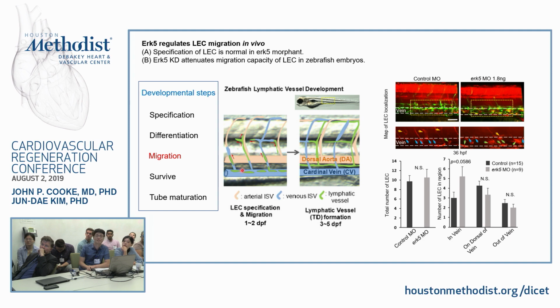So we think ERK5 can affect one of these processes in vivo. We took images of these regions in these transgenic fish and made a map of LEC localizations at this developmental stage. This stage is for LEC specification and starting to migrate out.